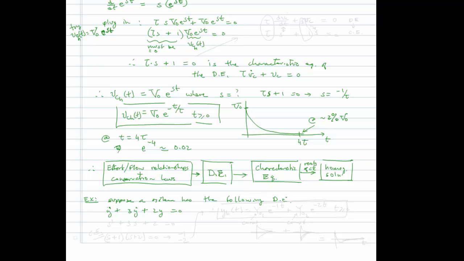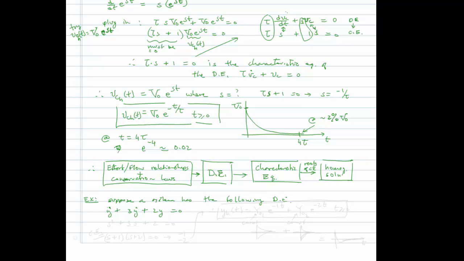The way we arrive at the characteristic equation is, and let me go back and point this out over here, if I write the differential equation as tau dvc dt plus vc is equal to 0, and then I write the characteristic equation as tau s plus 1 is equal to 0, we see that tau and the 1 here are preserved, and I have this mapping between the derivative of vc and s, and vc and 1. So that's how I get from my differential equation to my characteristic equation.